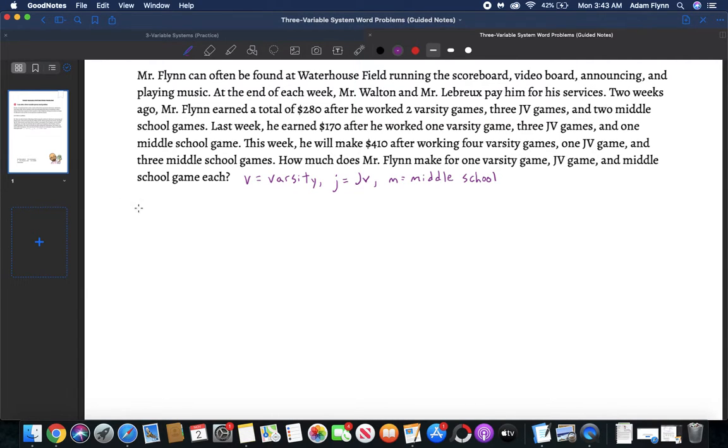I'm going to have the equation for my first week, my second week, and my third week, which was the most recent week.